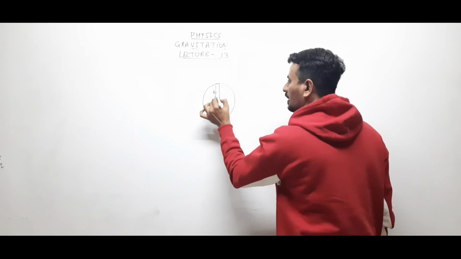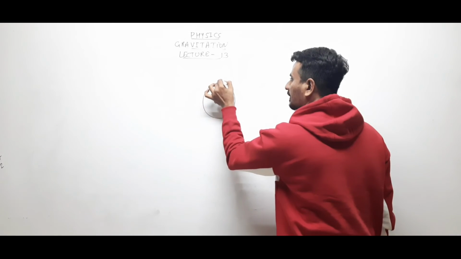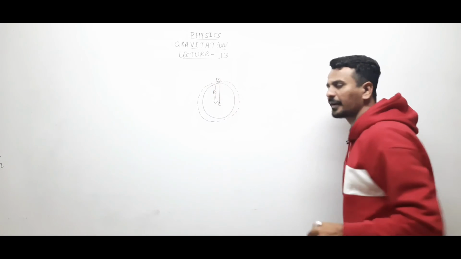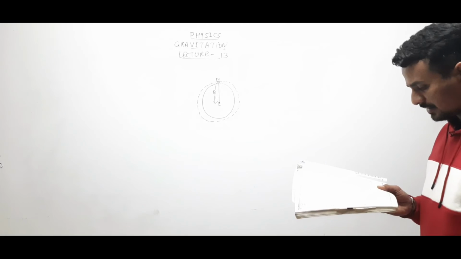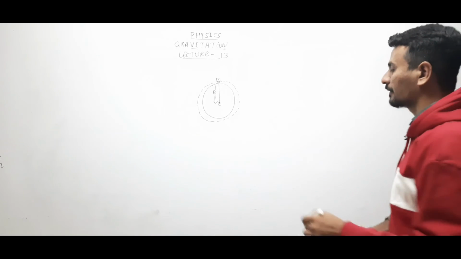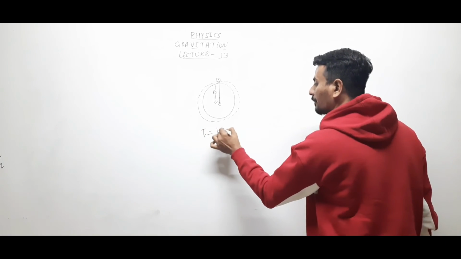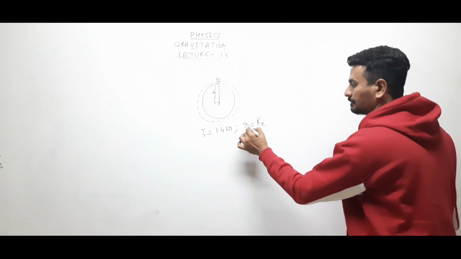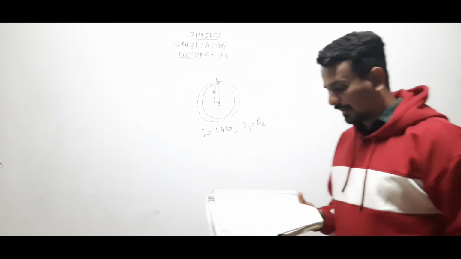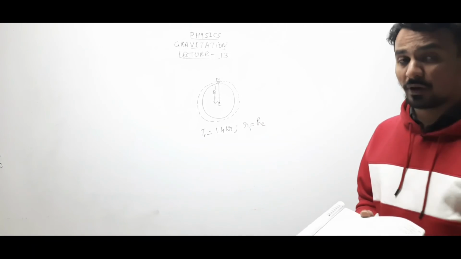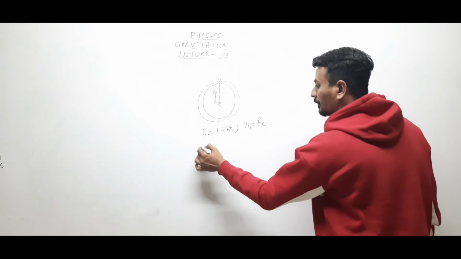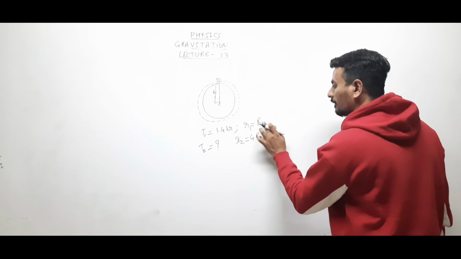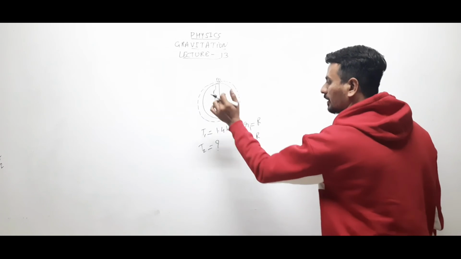So this satellite is also at a distance of RE, and the time period is 1.4 hours. Find the time period if it is at a distance of 4 RE from the center. So we have to find T2 when it is at a distance 4 RE from the center. Let this be R.